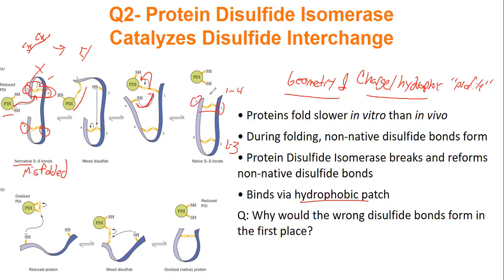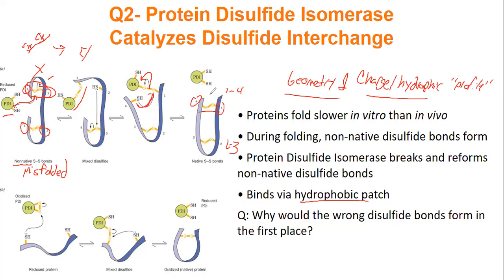Because I'm thinking, what if there are more than two SHs close by? Again, that's something that would probably be worked out through natural selection, where if you do have multiple cysteines close by, the PDI has been specialized enough to make sure the correct one is formed every single time, or like 99.9% of the time.